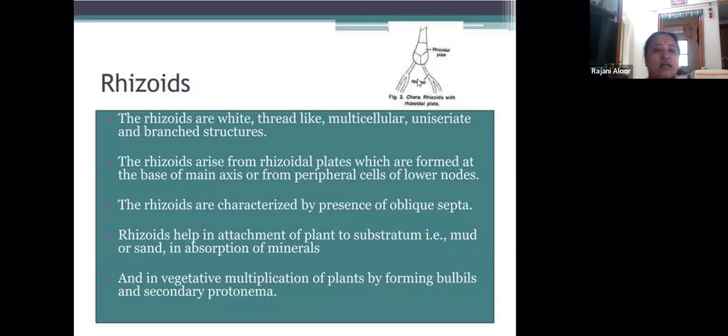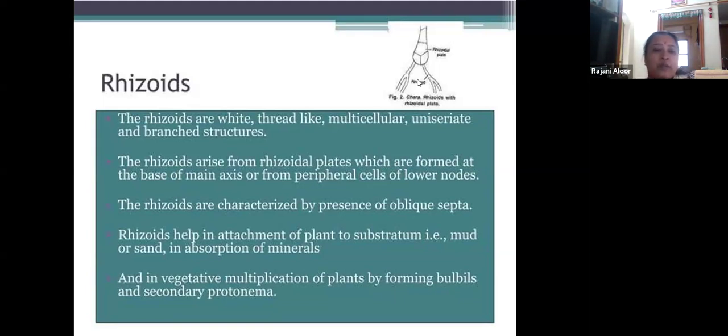The rhizoids are characterized by the presence of oblique septa. This is important. What type of septa? You can observe the Chara rhizoid, white in color, branching is there, and the characteristic oblique septa are present in the rhizoid.